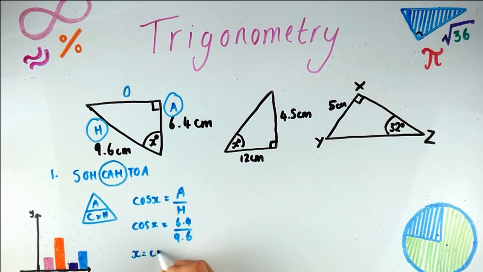So x is going to equal cos to the minus 1 of 6.4 over 9.6, and we get that by putting shift on our calculator.